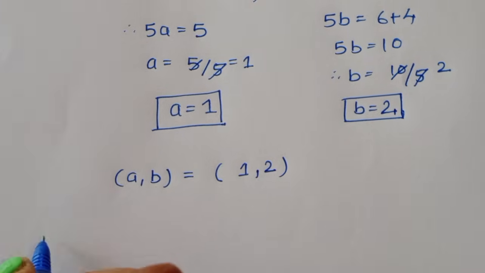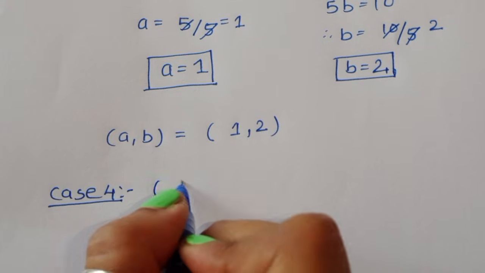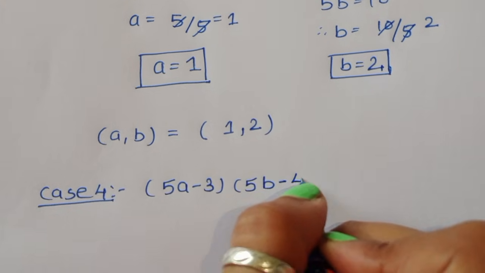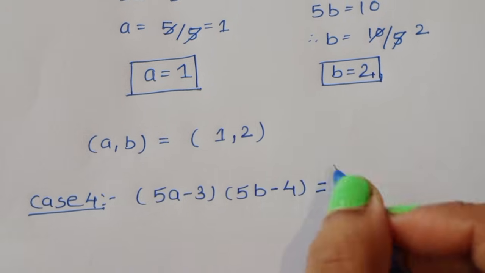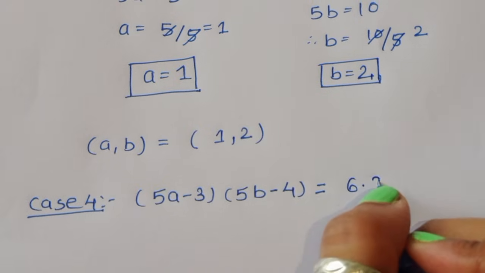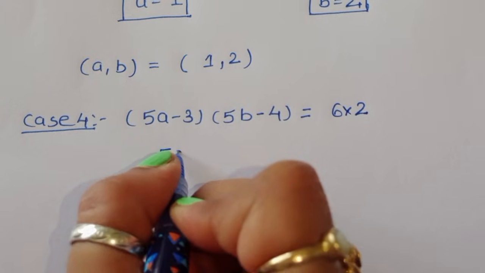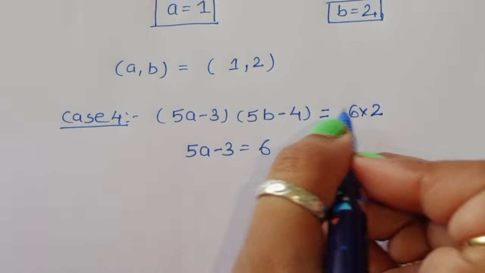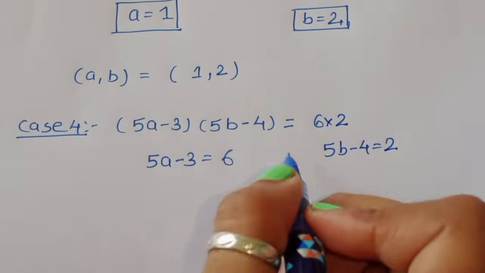Now we are taking case 4. (5a minus 3) times (5b minus 4) equal to 6 times 2. 6 2s are 12. Now comparing LHS and RHS, we will get 5a minus 3 equal to 6 and 5b minus 4 equal to 2.